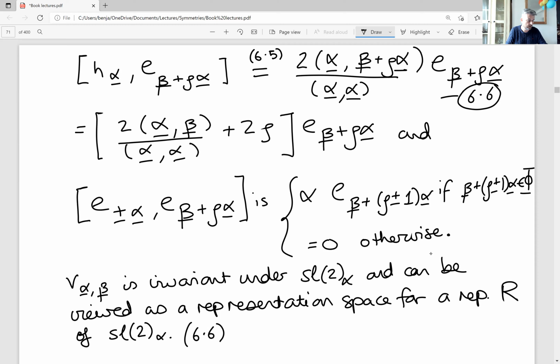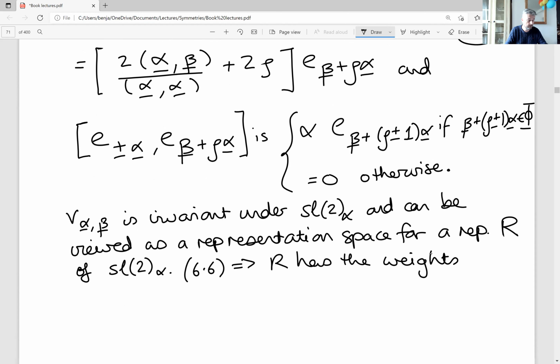So let's call this set of weights SR. And of course, the weights are really given by the eigenvalues of this H alpha operator.